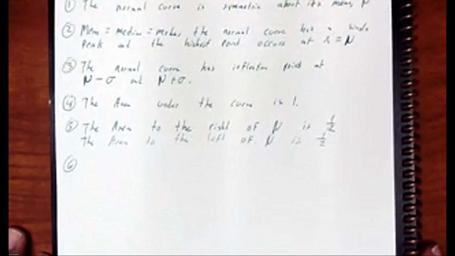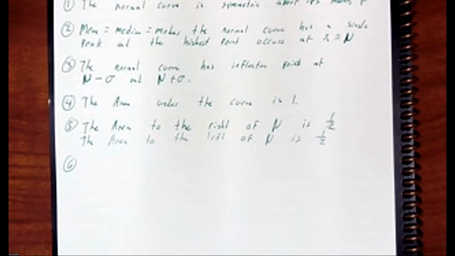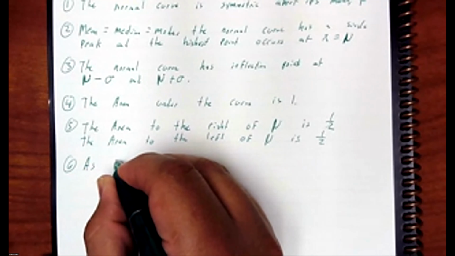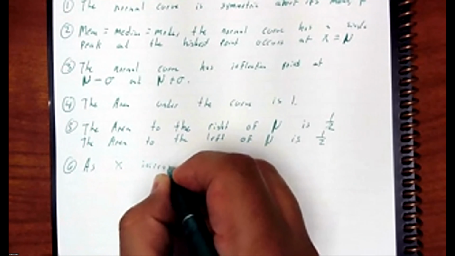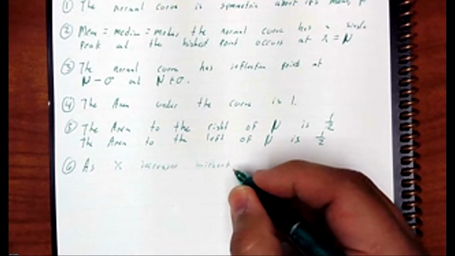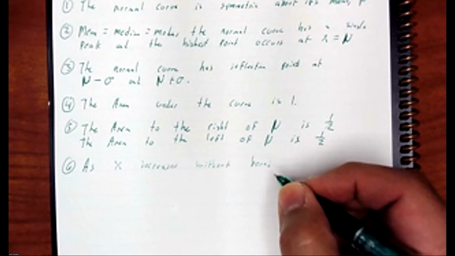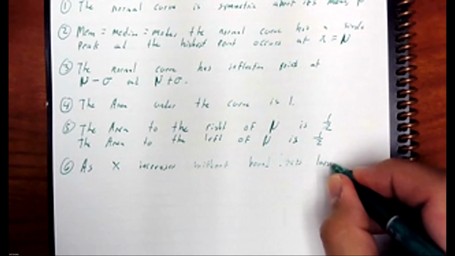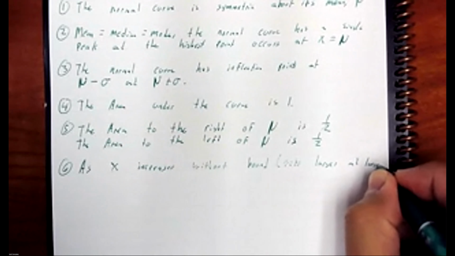Okay, 6. As x increases without bound, gets larger and larger. So picture that bell curve, right? The graph. You're going all the way to the right. X is getting larger and larger.